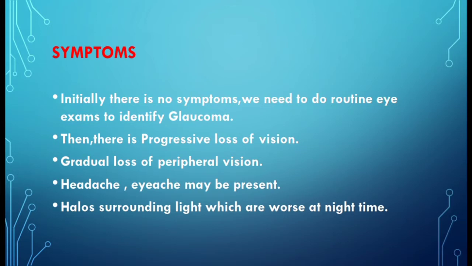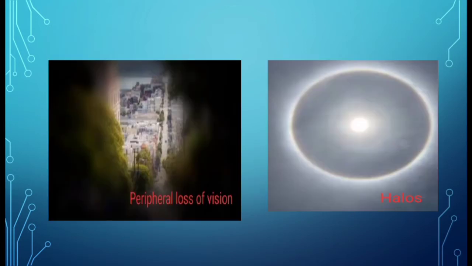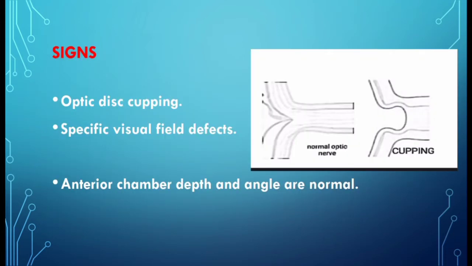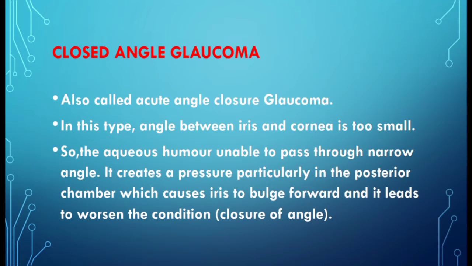Halos means bright circles or rings around the light. For understanding purposes, I mentioned the peripheral vision loss and the halos in the picture. Signs of primary open angle glaucoma: optic disc cupping, visual field defects, and the anterior chamber depth and angle are normal.